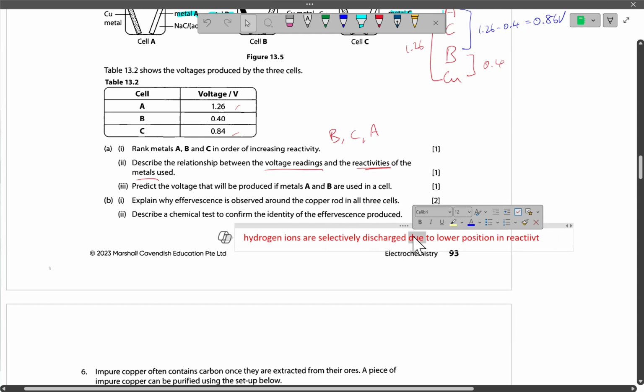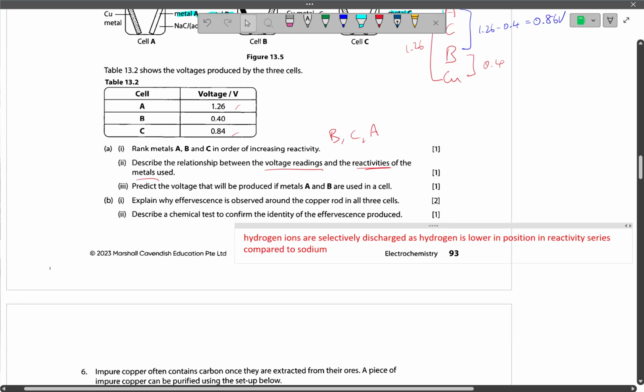Discharged as hydrogen is lower in position in the reactivity series compared to sodium, to form hydrogen gas that is observed as effervescence.